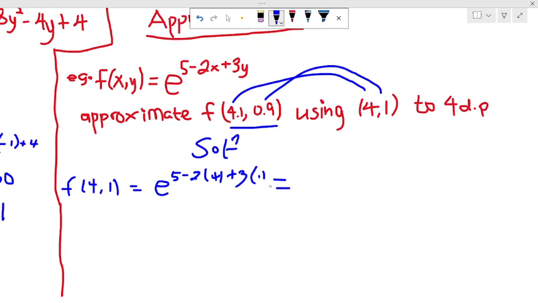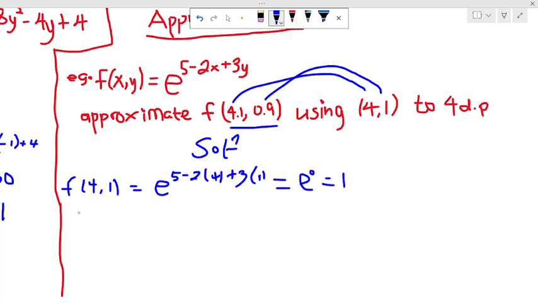So now we have 5 minus 8 giving us negative 3 plus 3 gives us e to the power 0, and we know in mathematics any number to the power 0 gives us 1.